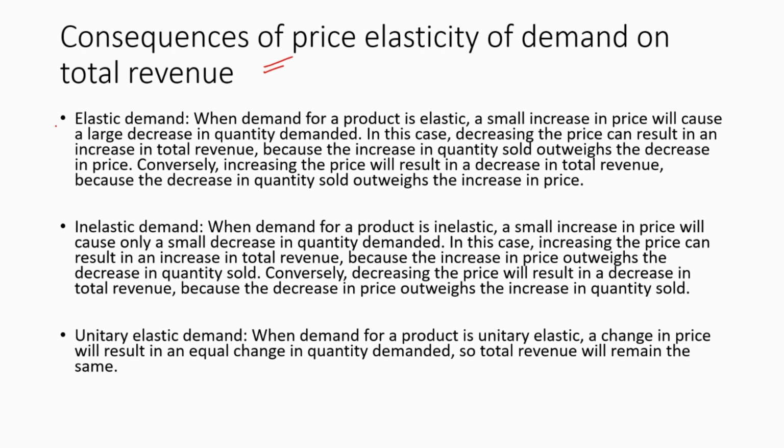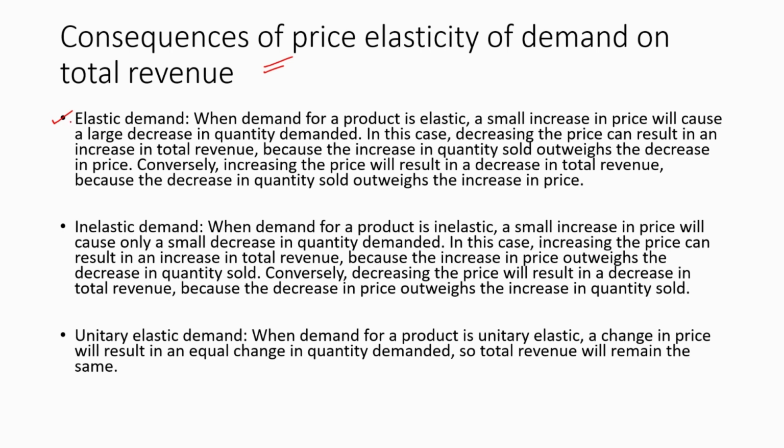This is very important. Elastic demand. When demand for a product is elastic, a small increase in price will cause a larger decrease in quantity demanded. In this case, a decrease in the price can result in an increase in total revenue because the increase in quantity sold outweighs the decrease in price.